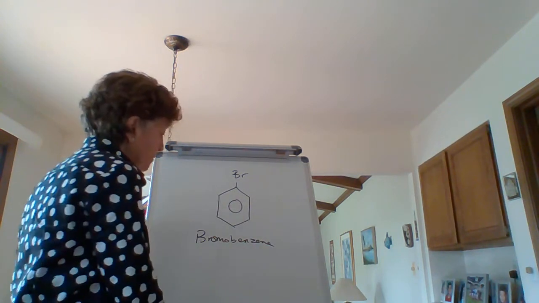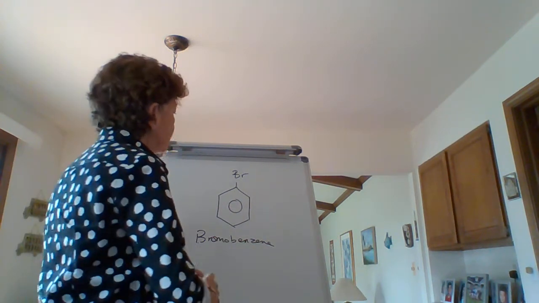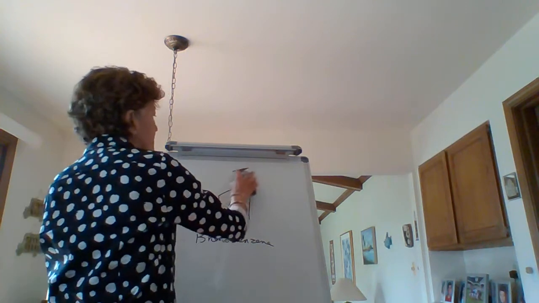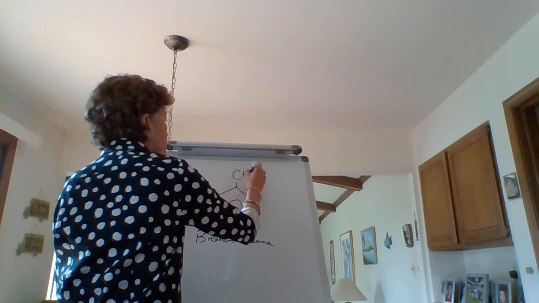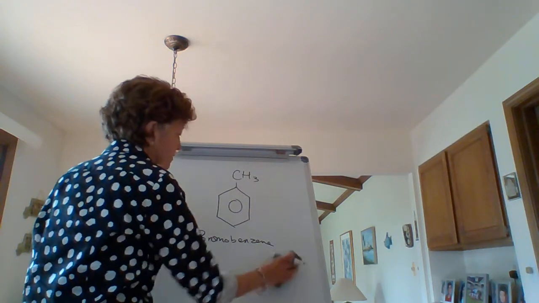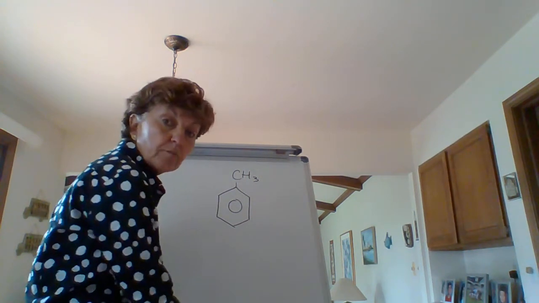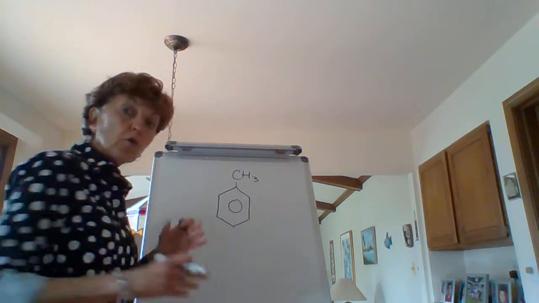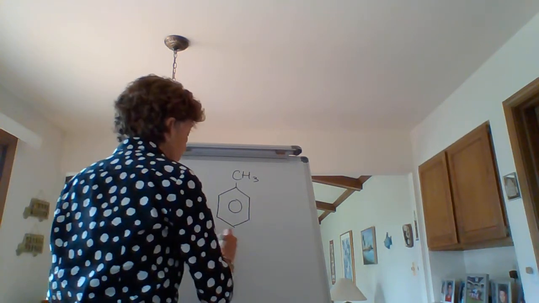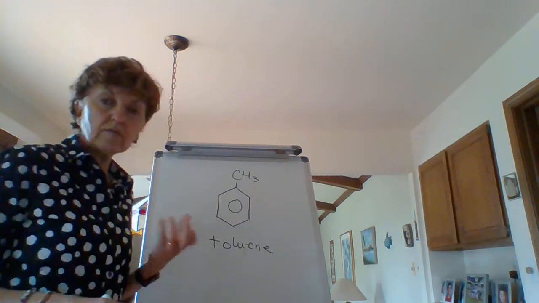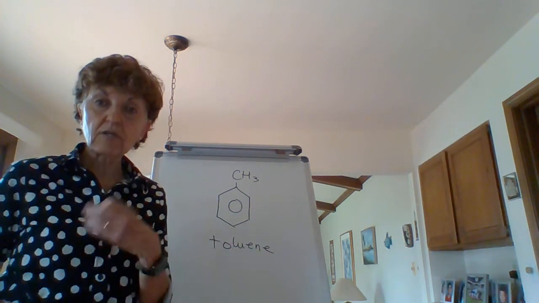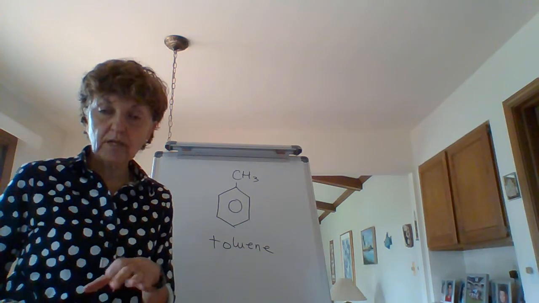Now, if instead of the bromine, we have a methyl group, it's not called methylbenzene. It's given a whole new name, and it is toluene. So you need to know that. So a benzene ring with a methyl group attached is called toluene.